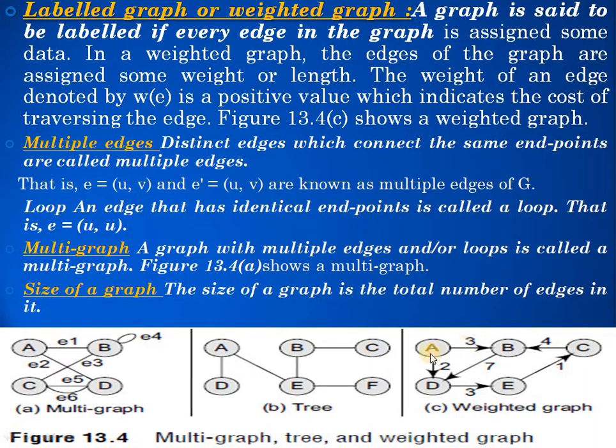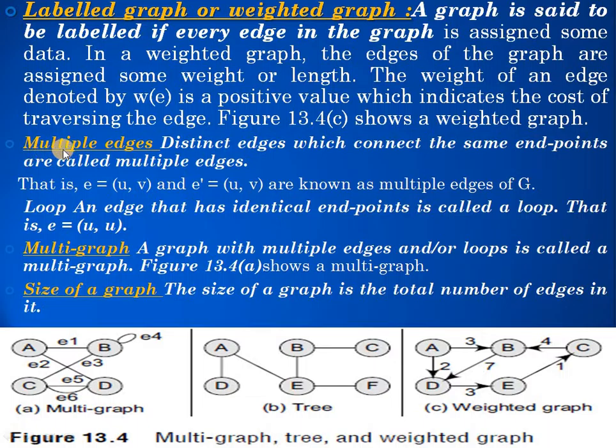This is the cost to travel from this node to this node. Here to travel from node B to D we have weight 7. This is a weighted graph. Here we have a tree. Tree means there is no cycle present in that graph.